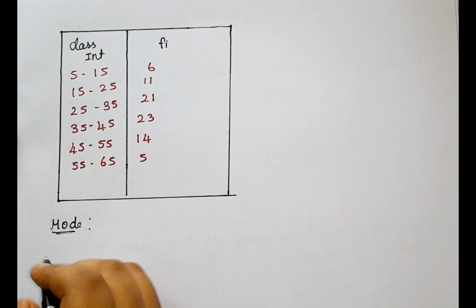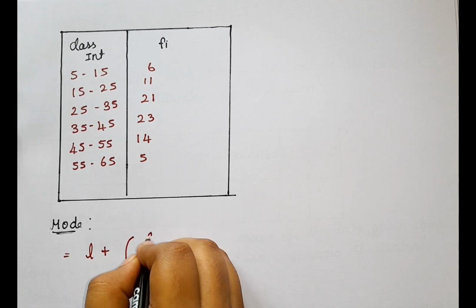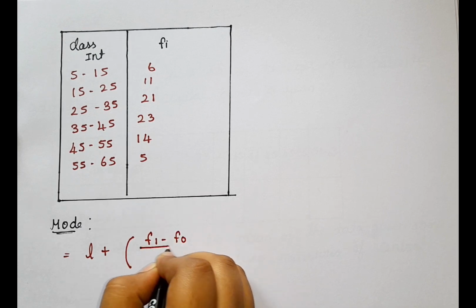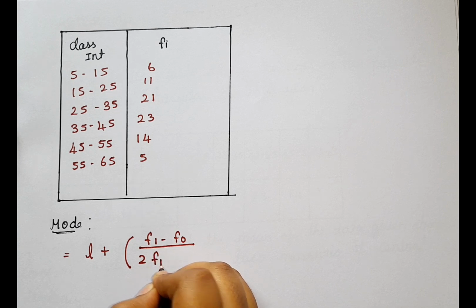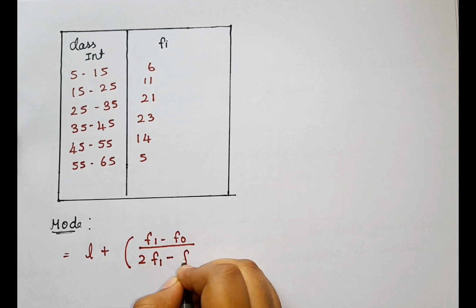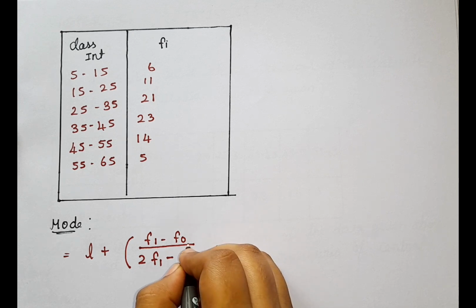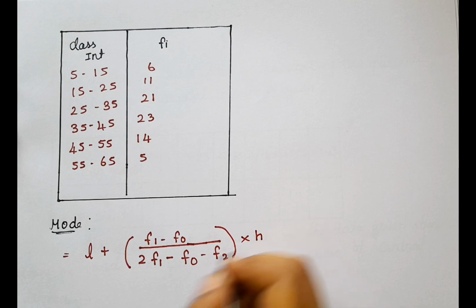The formula is L plus bracket F1 minus F0 divided by 2F1 minus F0 minus F2, close the bracket, into H. So this is the mode formula. I know it's pretty big, but it is pretty easy to solve, guys.